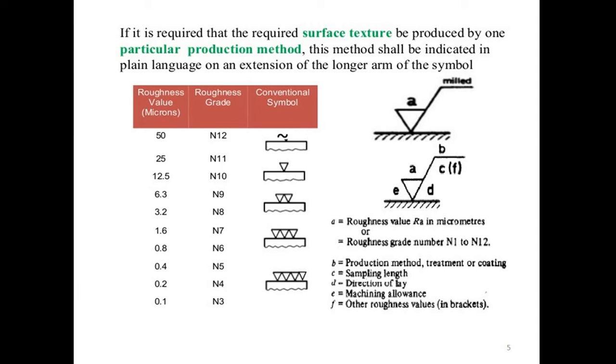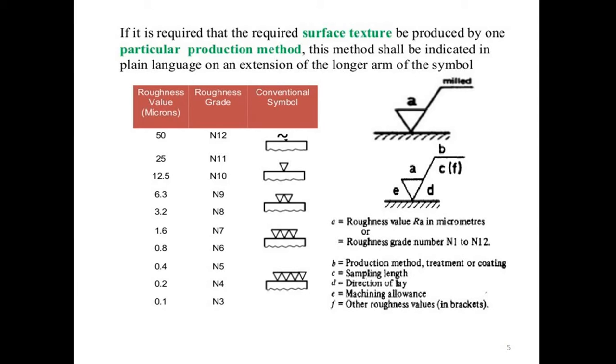So through this standard chart, that N8 roughness grade indicates the surface roughness value, Ra value 3.2, which is in microns. Considering this case, A is there and that line shows the machining is milled, that is milling is there.